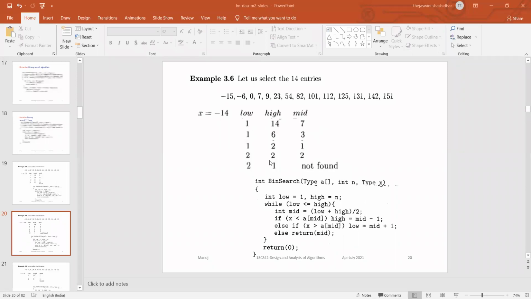Understood? So this is the iteration you are going to have. In the exam, they will give you a question like this, and you have to show the iterations and tell whether the element is found or not. Have you understood both the examples, found and not found?